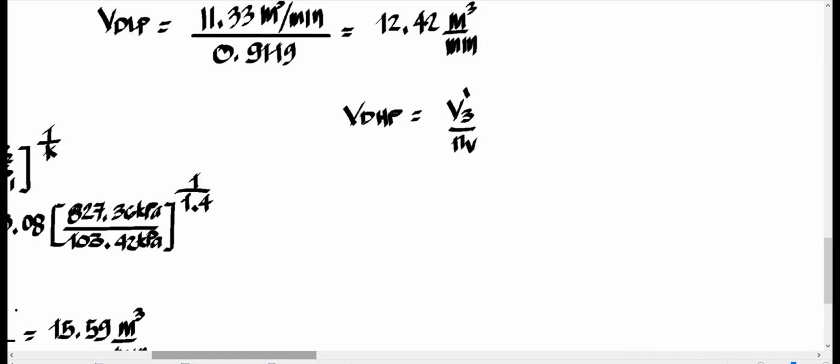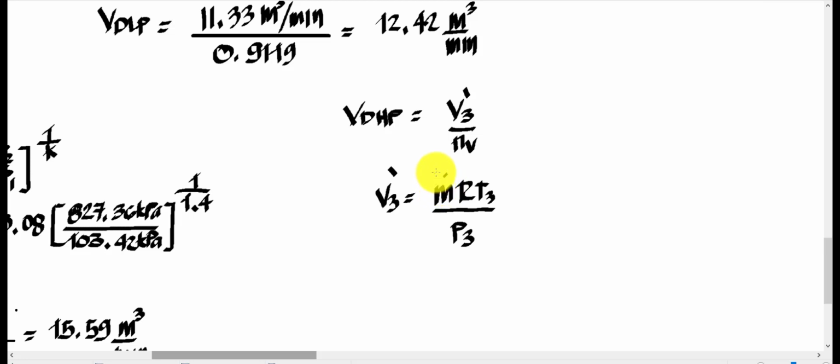So para makuha natin yon, we have the volume at point 3 by using your PV equals mRT prime. So that will be mass flow rate times your R, then multiplied by T3 divided by your P3. So ang wala tayo is yung mass flow rate.